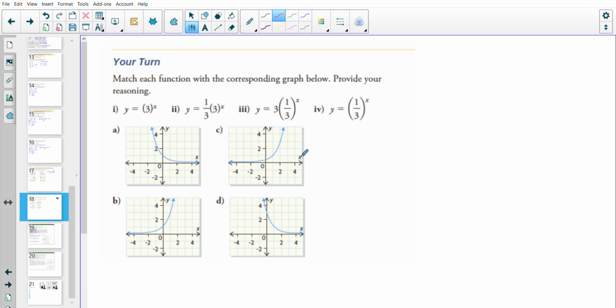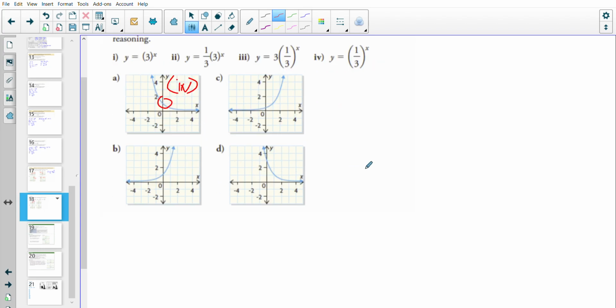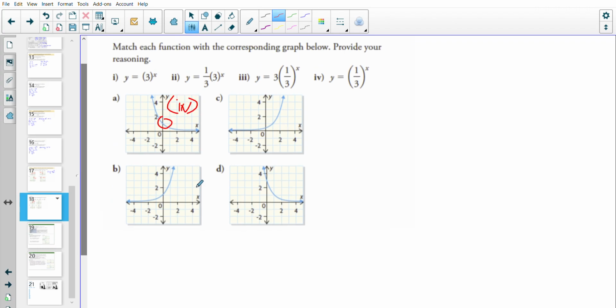Okay, so a is decreasing and it has a y-intercept of 1. So we need a base that is a fraction, which is number 3 or number 4, and a y-intercept of 1, which makes it function 4. B is increasing with a y-intercept at 1.